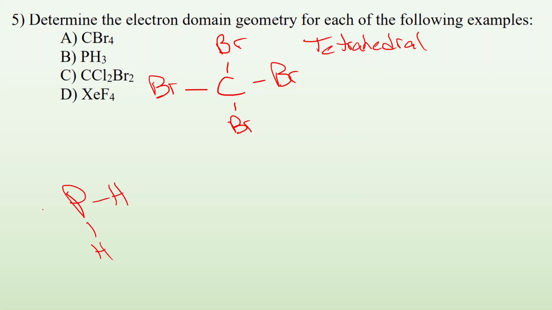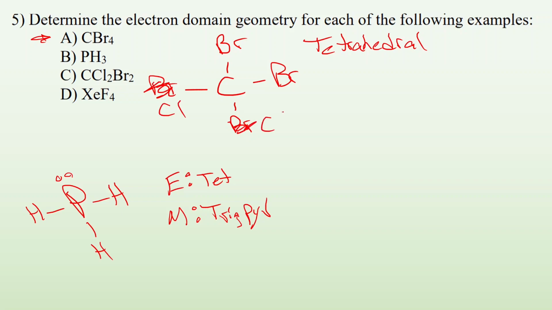Pretty common shape. Kind of looks like NH3. So the electron domain geometry is going to be tetrahedral, but the molecular geometry is going to be trigonal pyramidal. All right, CCl2Br2 is going to look just like A, except 2 of those Brs are Cls. So it's also going to be tetrahedral for both.